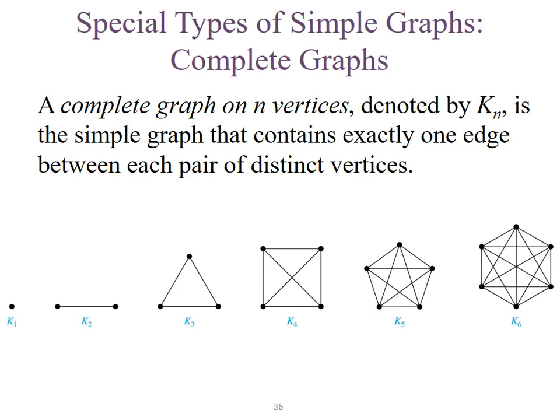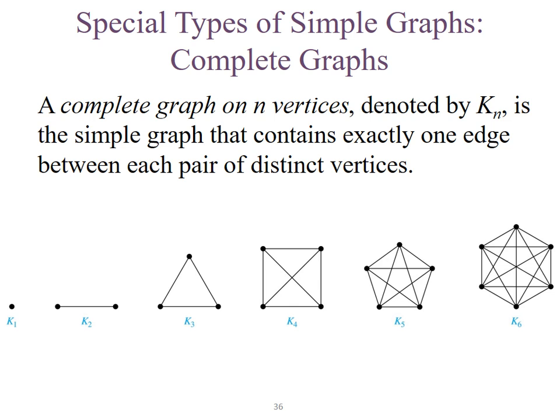All right, next let's see some special types of simple graph. The first one is called the complete graph. If we have n vertices in this graph, and we have exactly one edge between each pair of the vertices, we call this a complete graph.